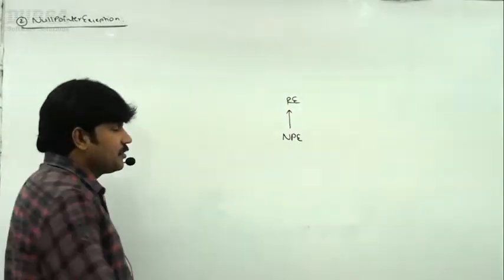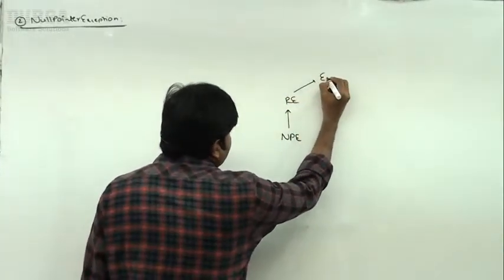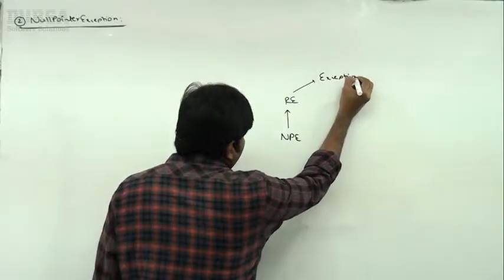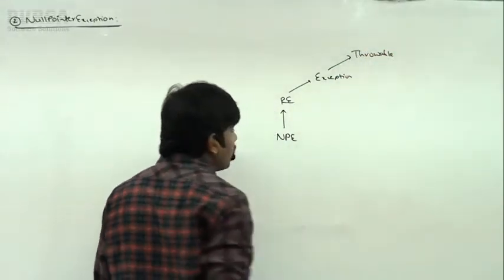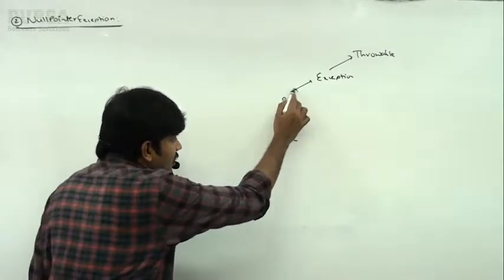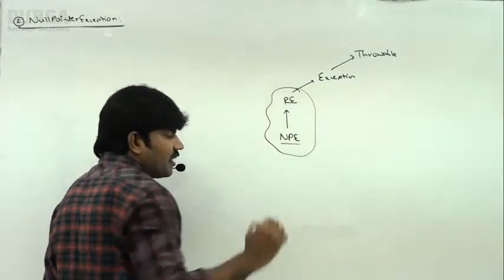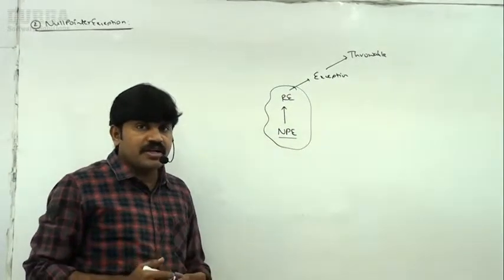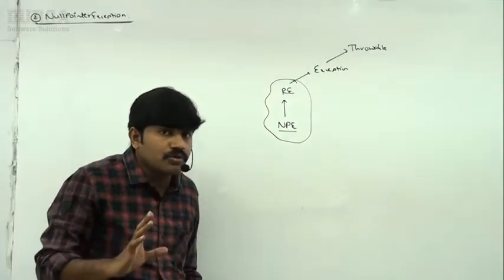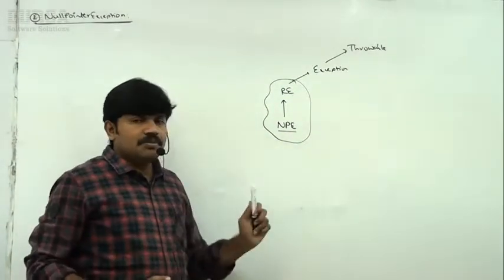Runtime exception is the child class of exception, and exception is the child class of throwable. Do you know runtime exception and its child classes are unchecked? That's why null pointer exception is unchecked. The compiler is never going to check whether you are handling this exception or not.